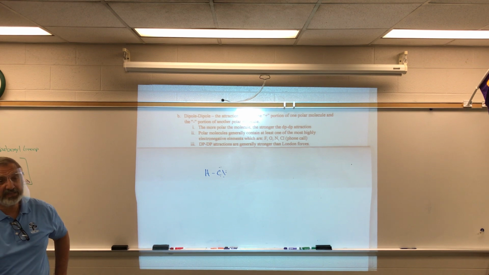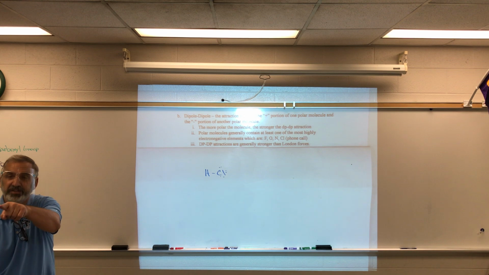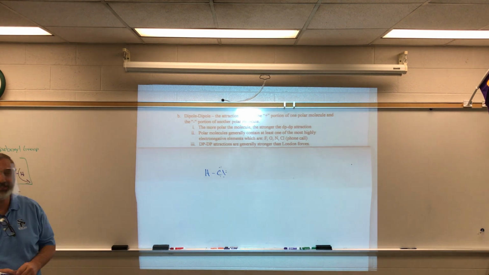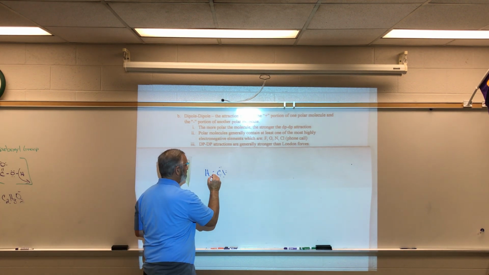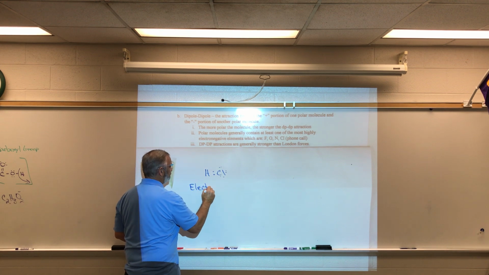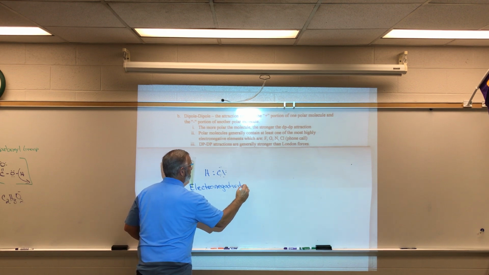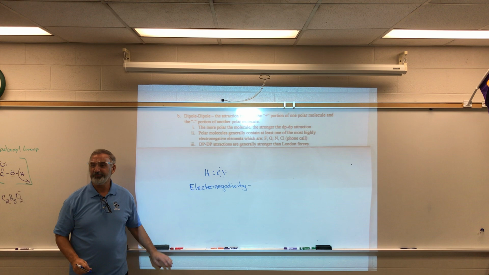They have different numbers of valence electrons, that's true, but that's not the factor. There you go, very good. And the electronegativity. What the heck is electronegativity? Remember the word?